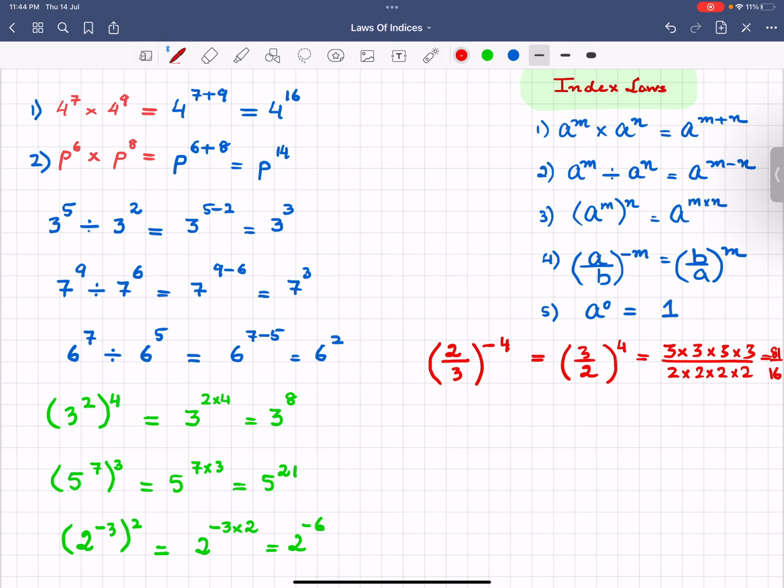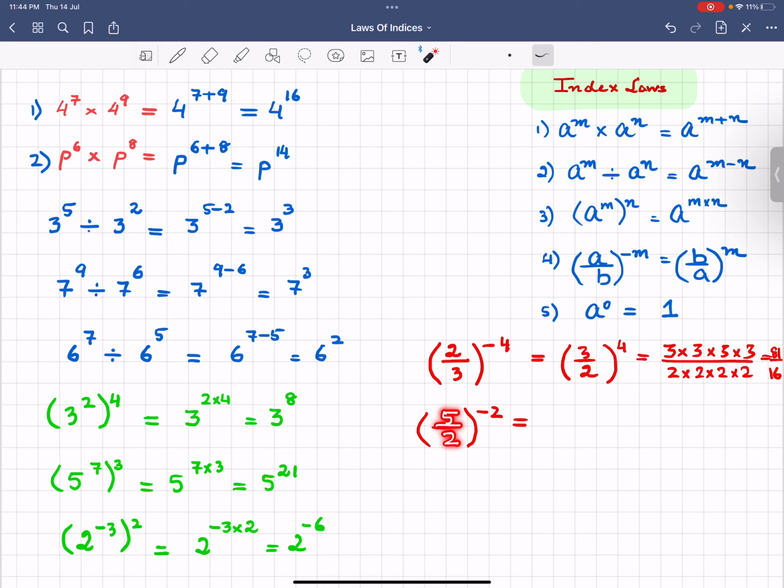Let's look at another example. So for example, we have 5 divided by 2, the whole to the power of -2. Now we want to write this as a positive power. What we can do is swap the position of the numerator and the denominator.